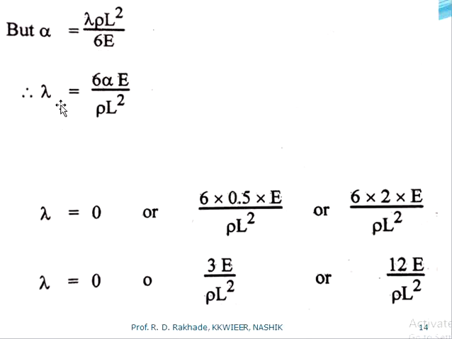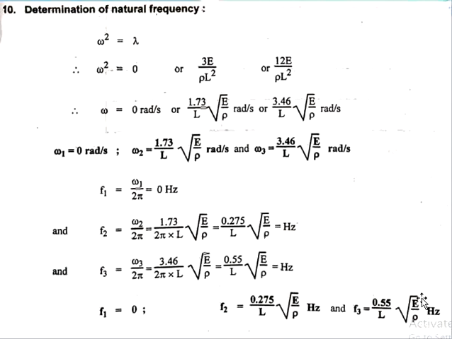So from this equation we can determine lambda by putting the values of alpha 0, 0.5 and 2. So alpha is equal to 0, then in terms of E rho L square, 3E rho L square, then lambda is equal to 12E rho L square.